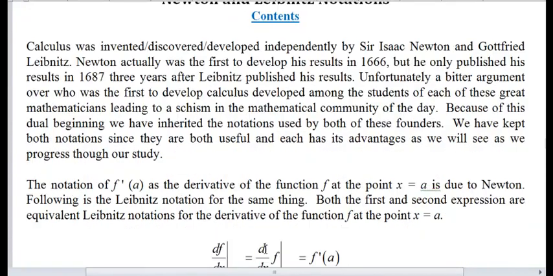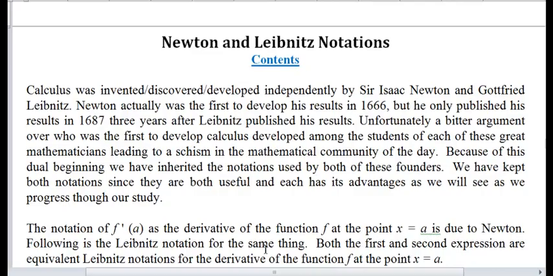Now let's do a brief history lesson here. Calculus was invented or discovered or developed, depending on your perspective, over a whole number of years. But it was mainly invented, if you want to say that, or discovered by Sir Isaac Newton and Gottfried Leibniz. Now why two people? Well, both of them came up with pretty much the same ideas at almost the same time. Newton came up with his ideas first.